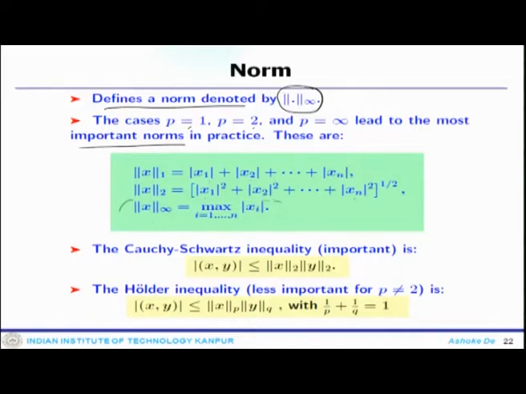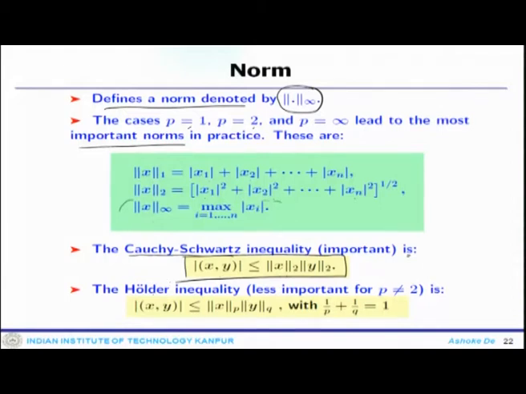Now, when you talk about the norm, immediately this brings in an important piece of information about the Cauchy-Schwarz inequality. This one also has to be known. The property is that if you have two vectors x and y, with the L2 norm, the dot product or the inner product of x and y must be less than or equal to the product of the norm of x and the norm of y separately. So, this is another property of the inner product with these norms.